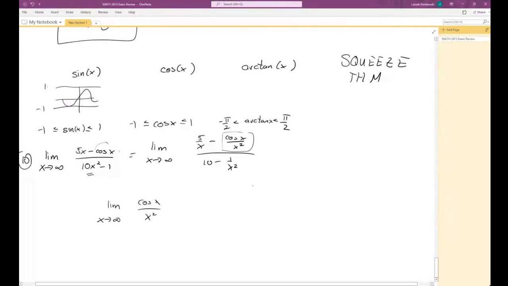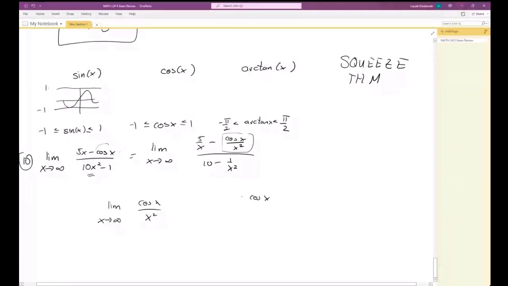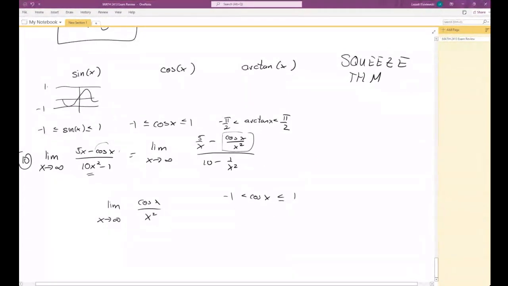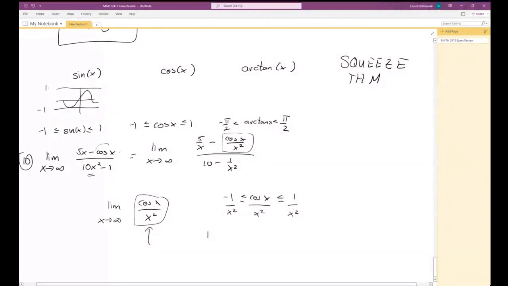Well, you would reason that cosine of x is a number between -1 and 1. And then you want to get this function sandwiched in between two other functions. So it looks like we should divide each part of this inequality by x squared. That way we get our function in the middle, sandwiched. So it's time to squeeze.